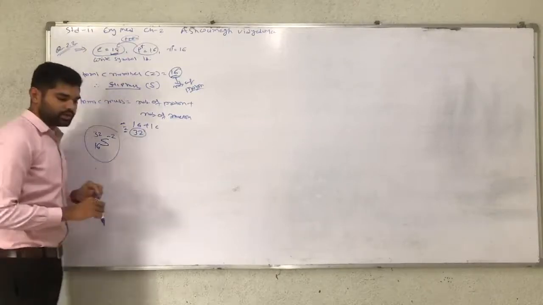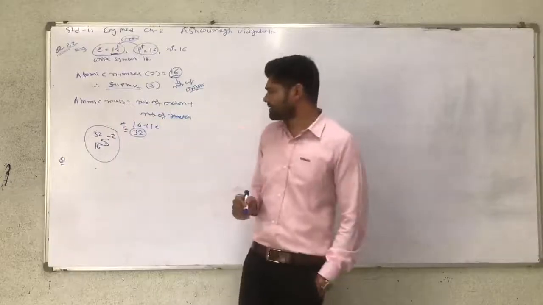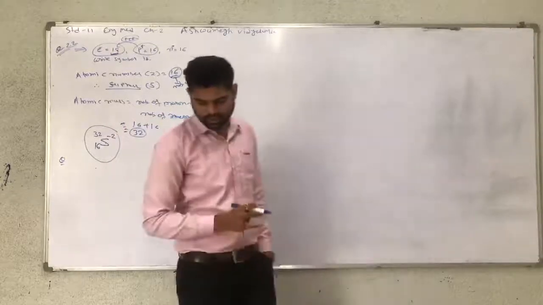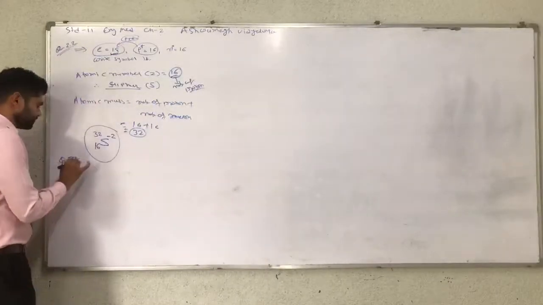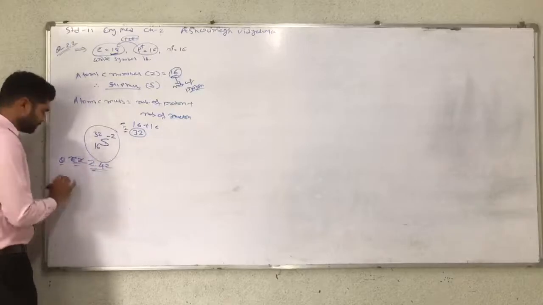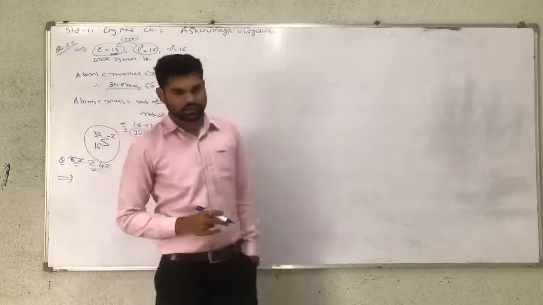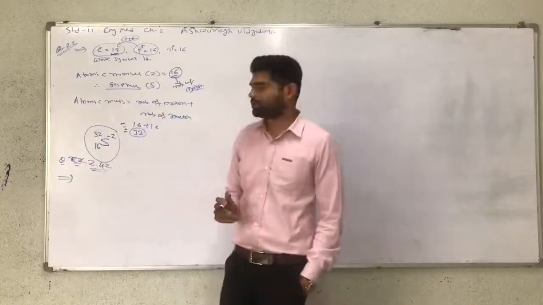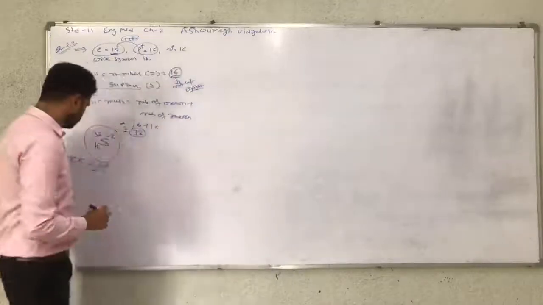Now another question of the exercise, question 2.42. The details of this question: the atomic mass of an unknown element is 81.